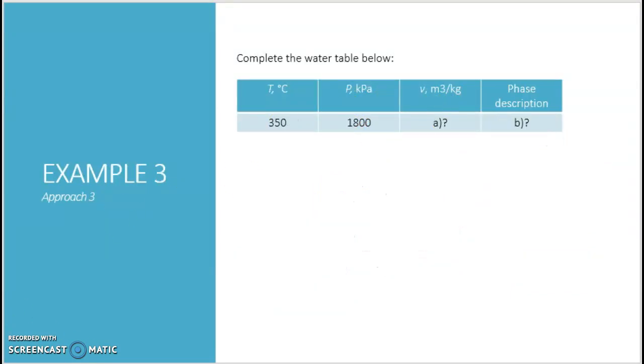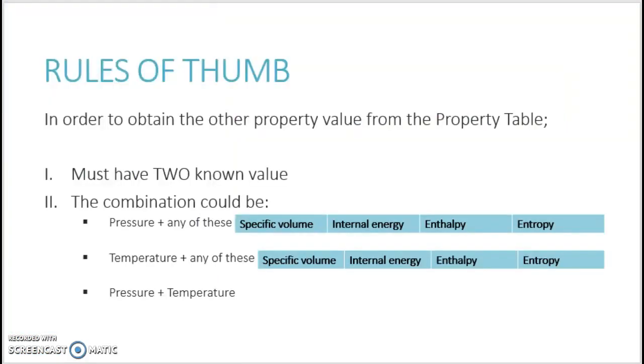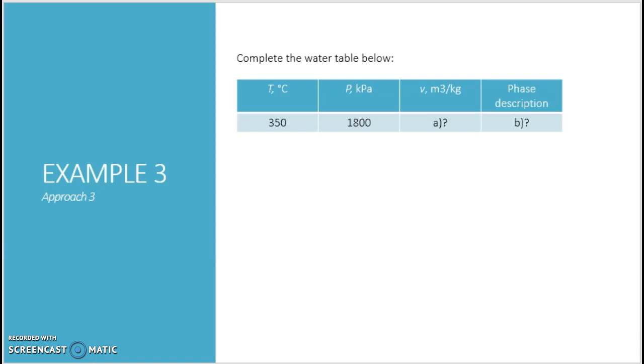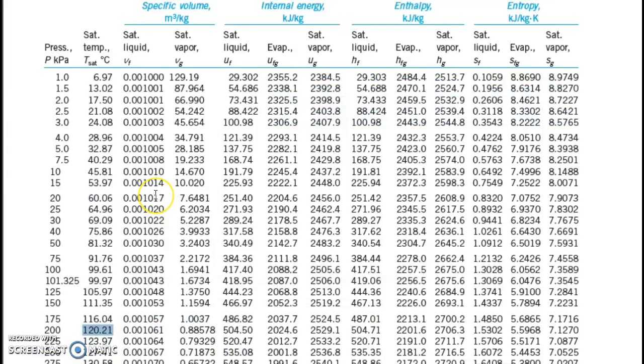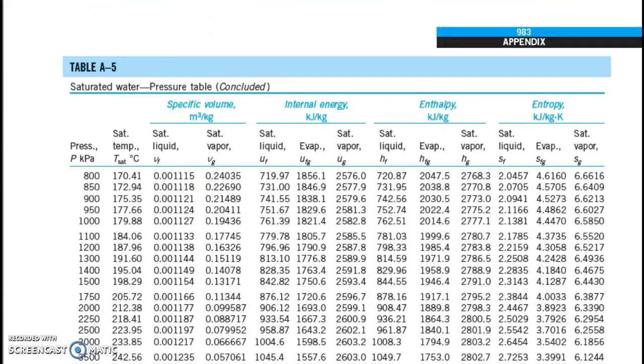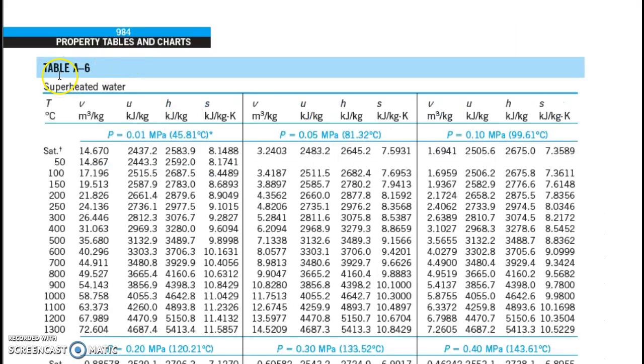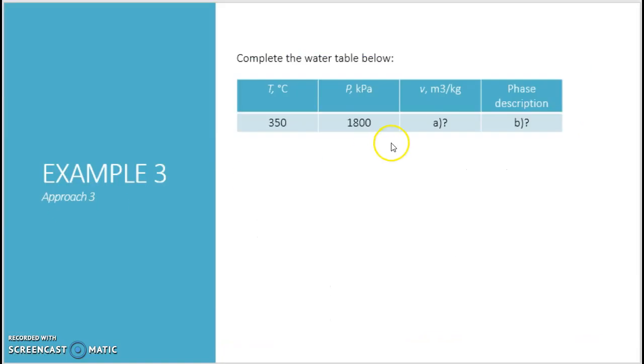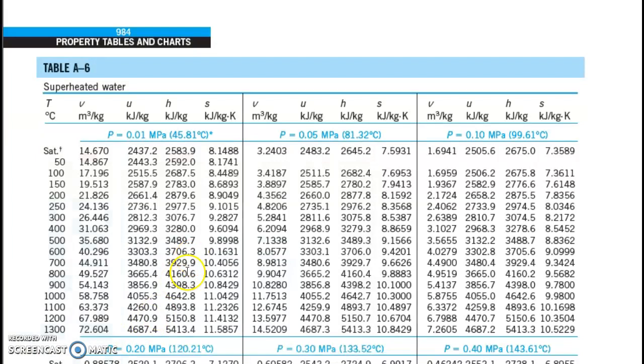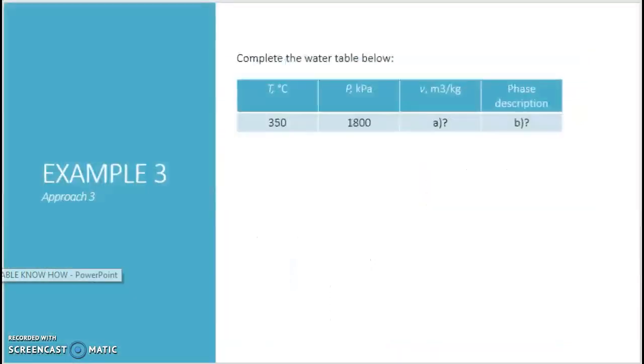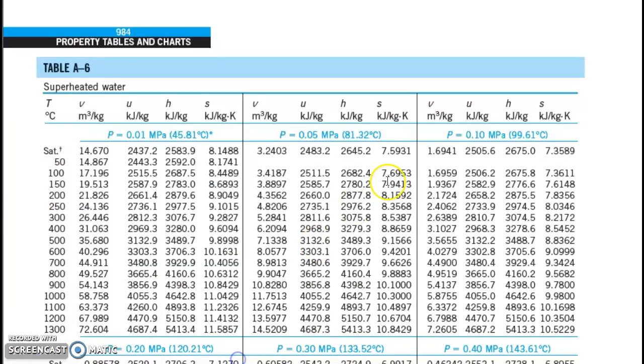Now we have the third example with the third approach, where you are given temperature and pressure. The rule of thumb: when you are given pressure and temperature, you read it from your superheated table, or table A6, where in this case you are given 1800 kilopascal, which is equivalent to 1.8 megapascal.